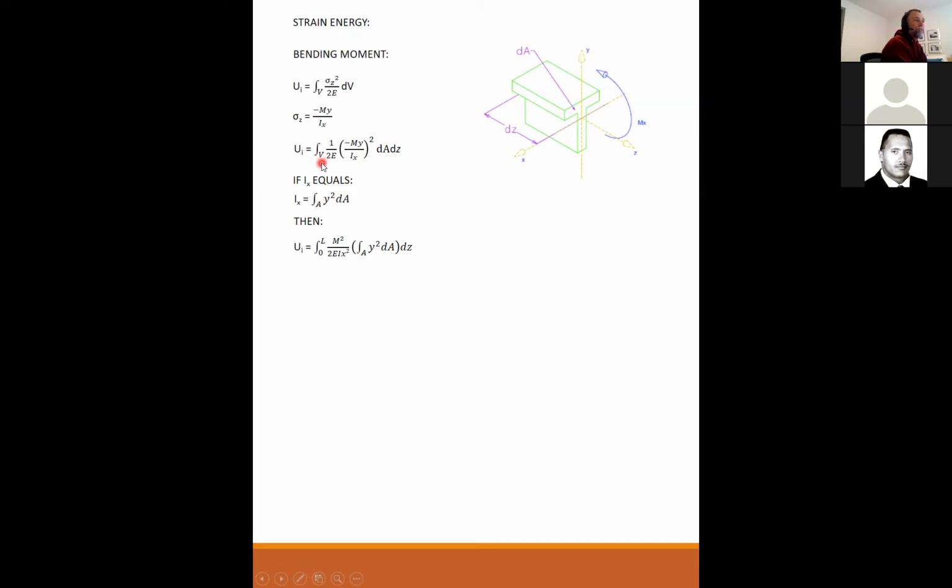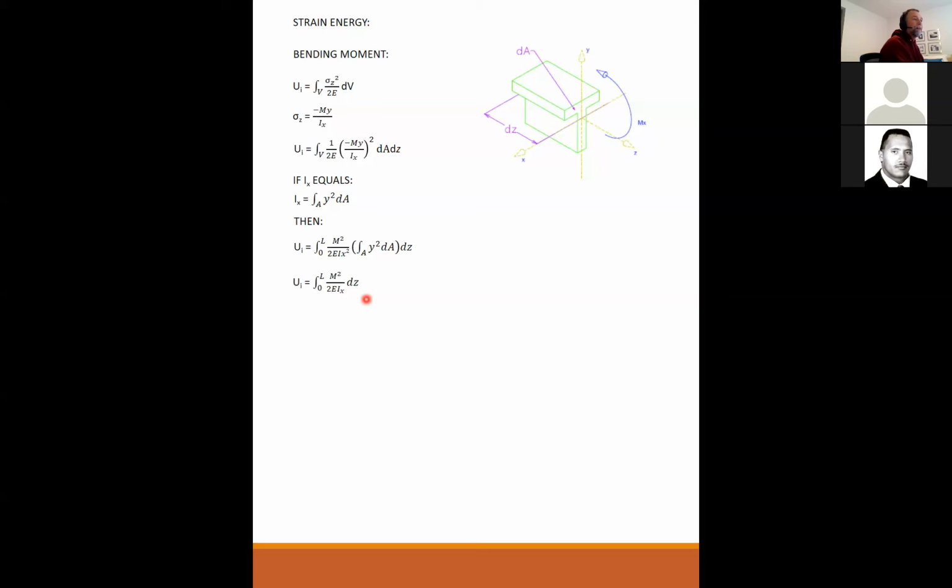This is the integral of the volume. I can pull the area out of the volume, pull the y squared here, and pull the dA here. Everything inside of these parentheses is the moment of inertia Ix. So I distilled them out of here, here, and here into one term, which allows me to simplify, because Ix over Ix squared leaves you with Ix.